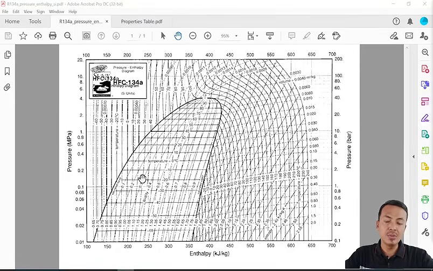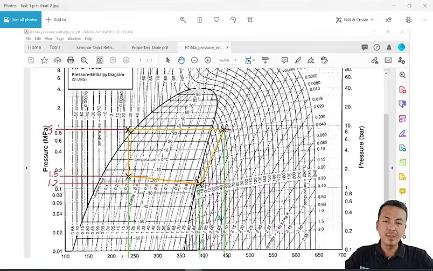So you need to know the parameter values of the pressure and also the temperature for each process. Right here, for example, you can get the enthalpy value after you know the pressure for the evaporation process at 1.2, and also the temperature.